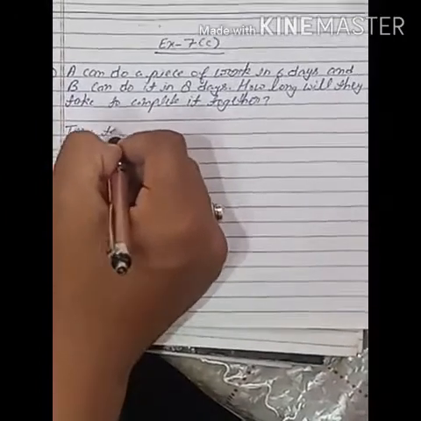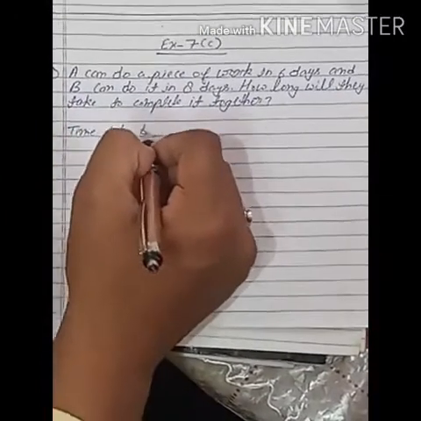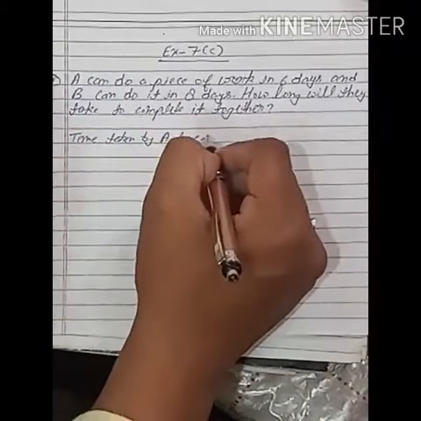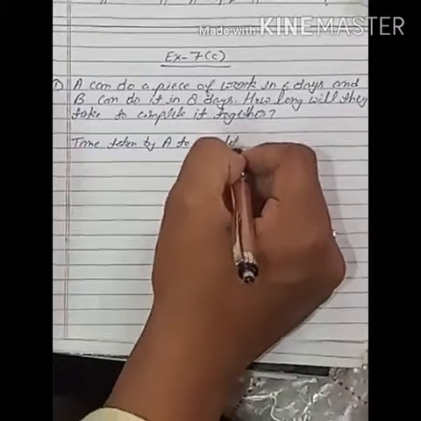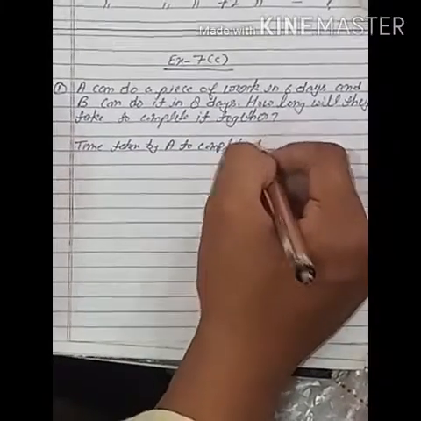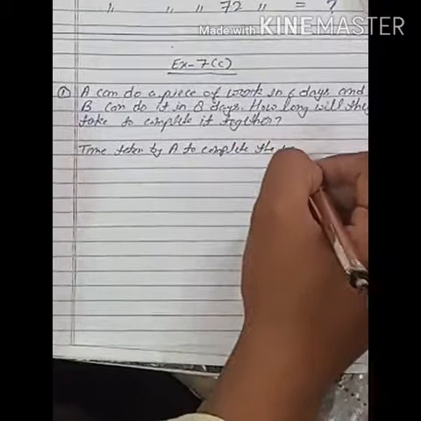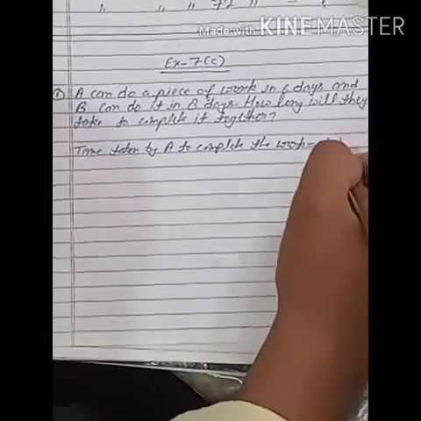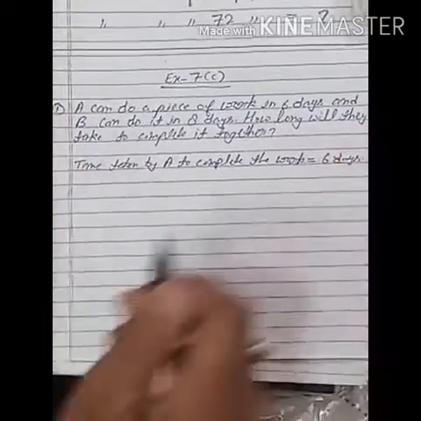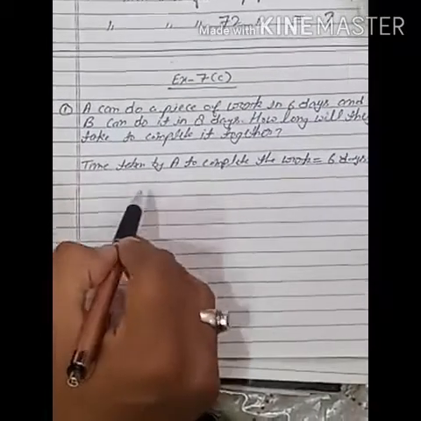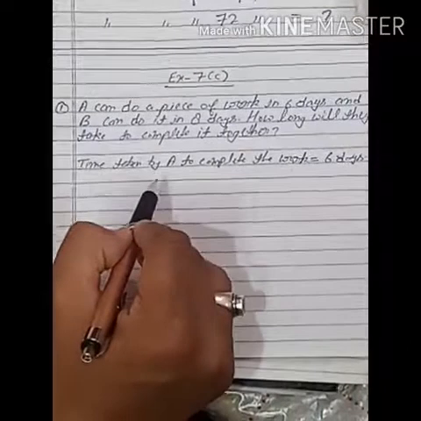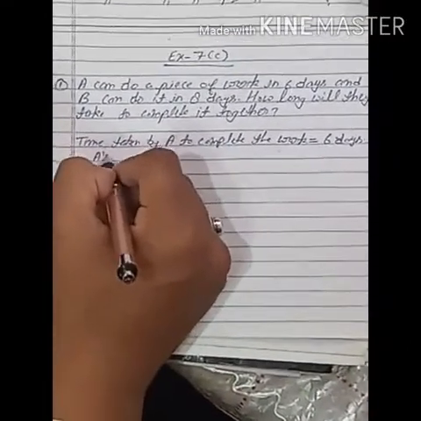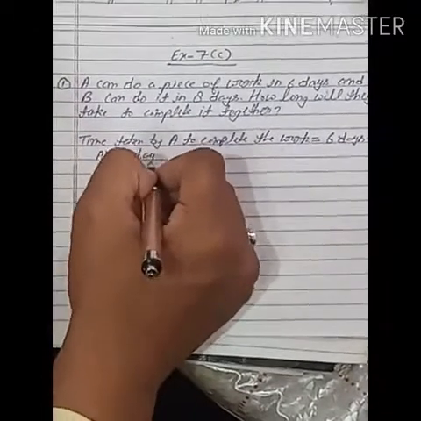Time taken by A to complete the work is equal to how many days? 6 days. Just after this, we will find A's 1 day's work.